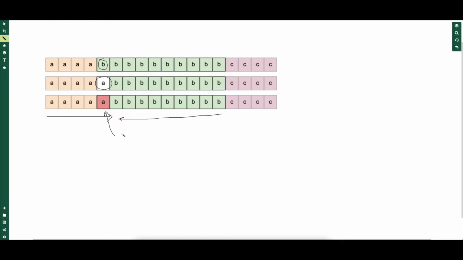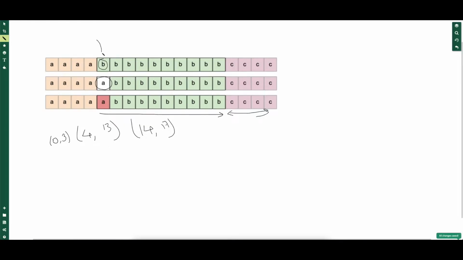So, for example, initially the range was 0 to 3. So 0 to 3 we have A, and then from 4 to basically 13 we have B, and then from 14 to 17 we have C. Now, if we replace this character with A, what we will do is say 0 to 3 is still the same.